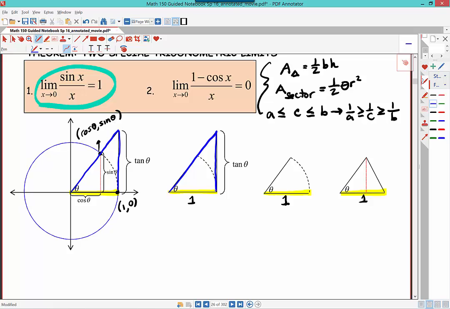And so basically, you might be a little mystified about this ordered pair being 1 comma tangent theta at this line right here. Do you see that it's going to have the same slope as this hypotenuse here, for that smaller triangle?